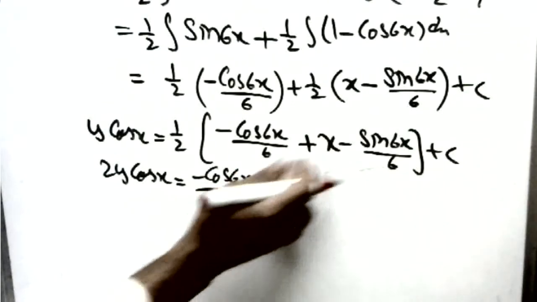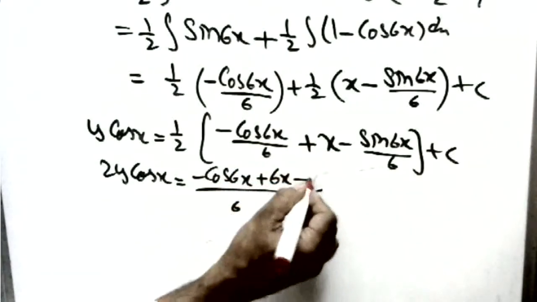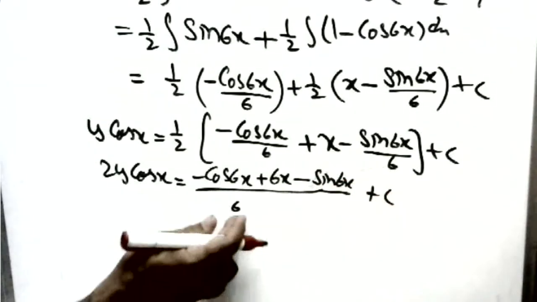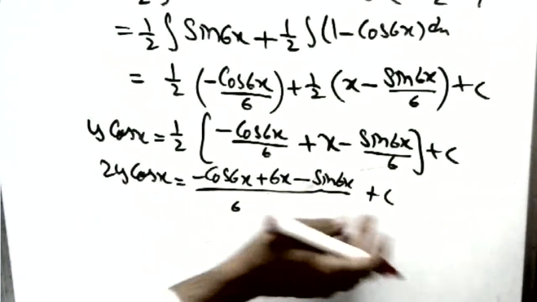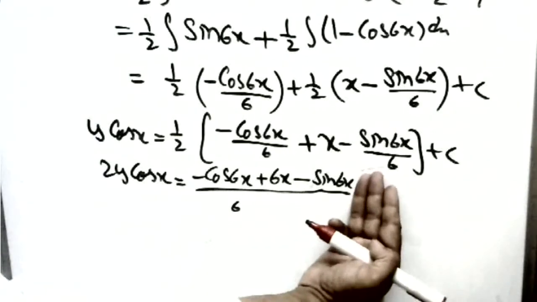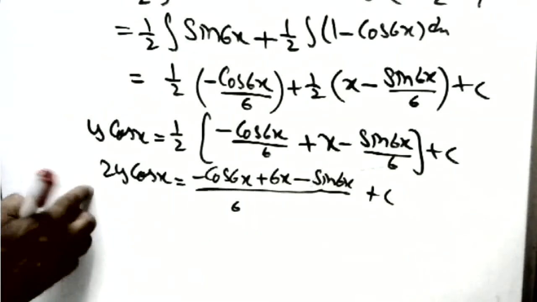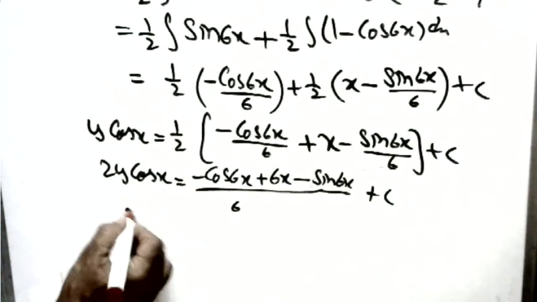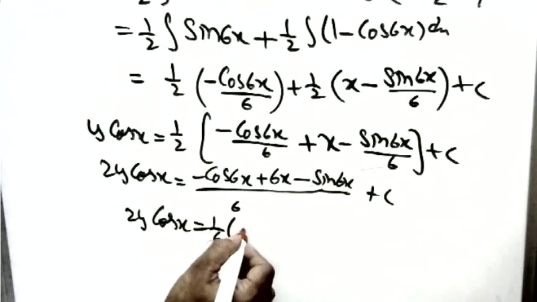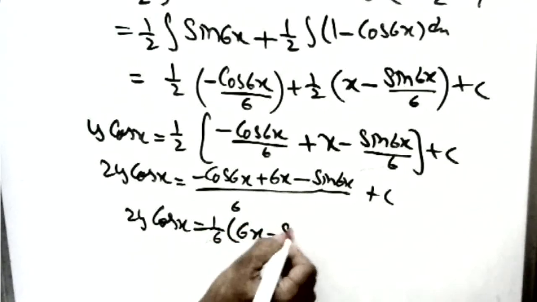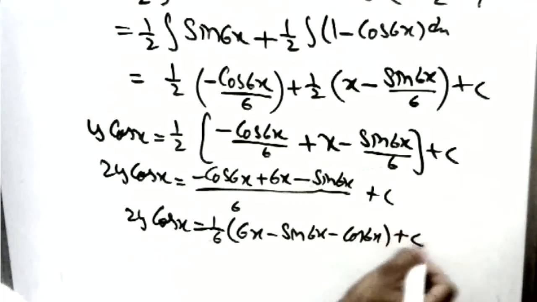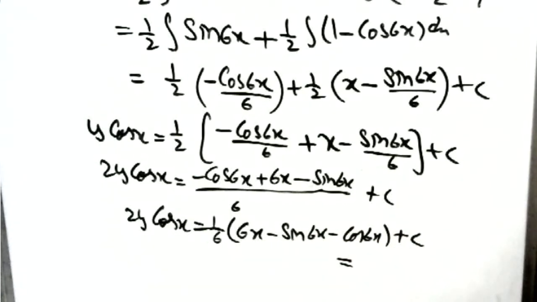Here we have minus cos 6x plus, now 6 into x will be 6x, minus sine 6x. But lastly, let me stop here and bring this 6 also here. We can change the value of c, no problem. Or you can leave it like this only: 2y cos 3x equals 1 by 6 into 6x minus sine 6x minus cos 6x plus c.